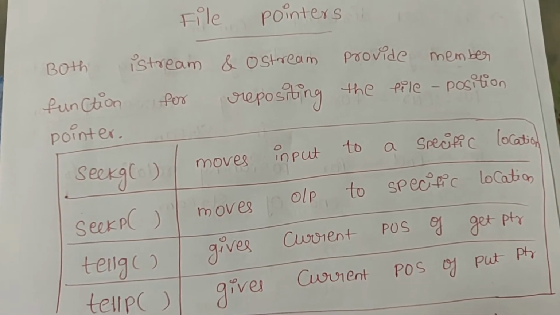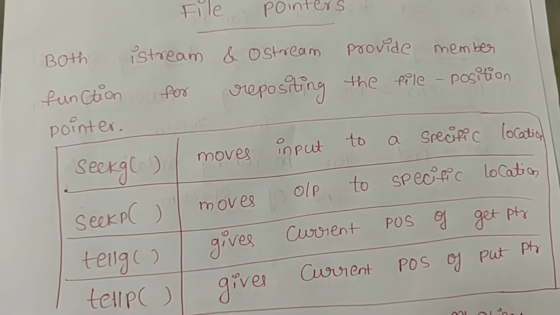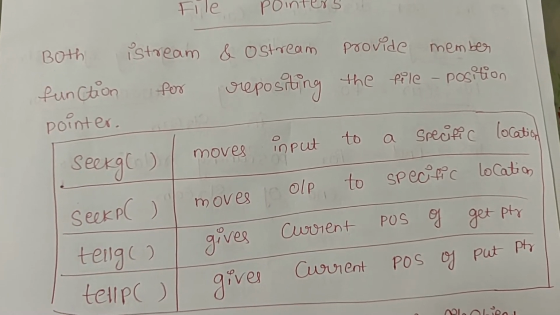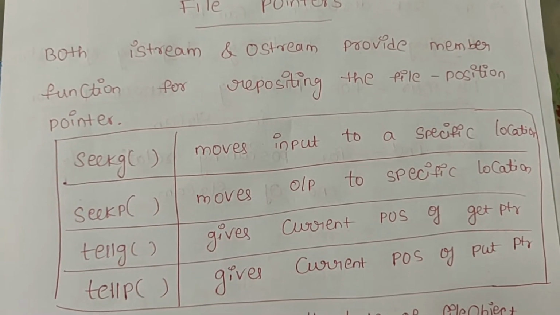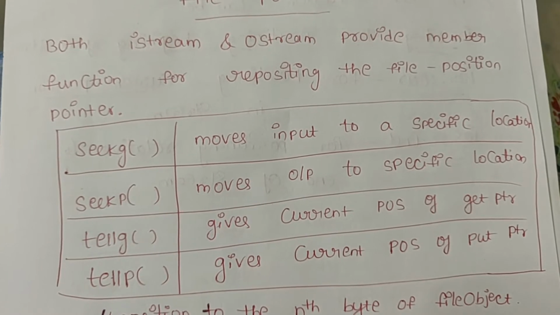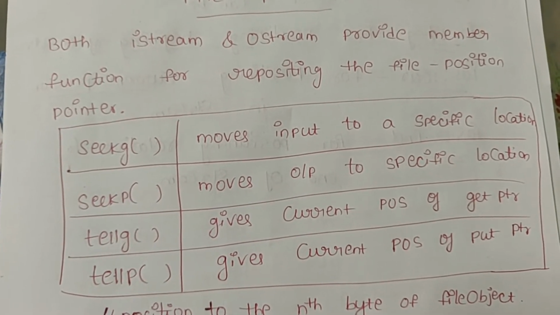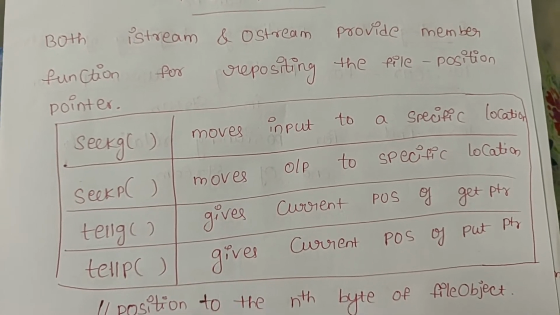Both istream and ostream provide member functions for repositioning the file position pointer. So there are two things that we take here, that is istream and ostream. We see how to perform different operations with the file using this istream and ostream.